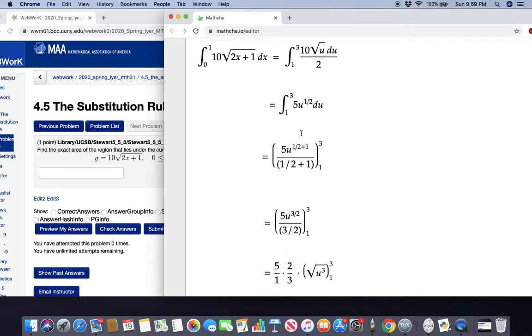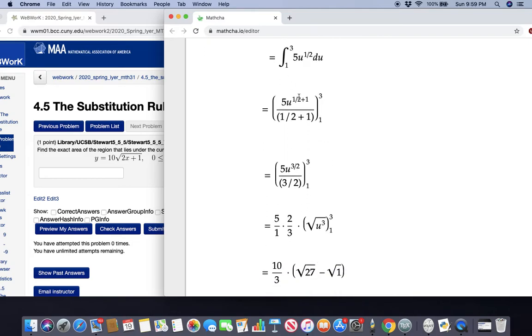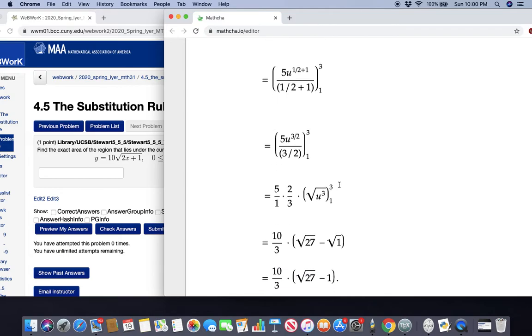Taking the antiderivative, half plus 1 divided by half plus 1. You have taken the antiderivative, so you need to apply these limits 1 and 3. Half plus 1 is 3 halves.